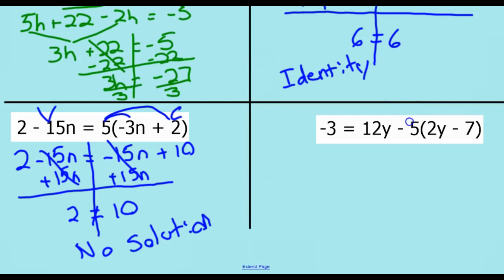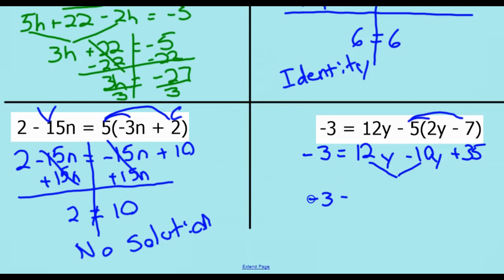Over here I can distribute. So I get negative 3 equals 12y minus 10y plus 35, because 2 negatives equal positive. Combine my like terms. I get negative 3 equals 2y plus 35.